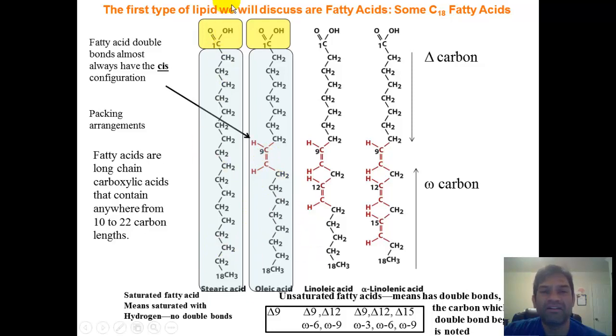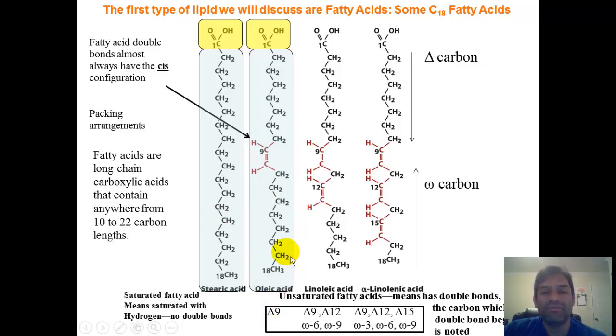What we have here are 18 carbons, if you count the number of carbons. The designation of the double bonds, if you count from the carboxylic end, so 1, 2, 3, 4, 5, 6, 7, 8, 9, that will be a delta 9. So oleic acid will be C18 delta 9, 18 being 18 carbons.